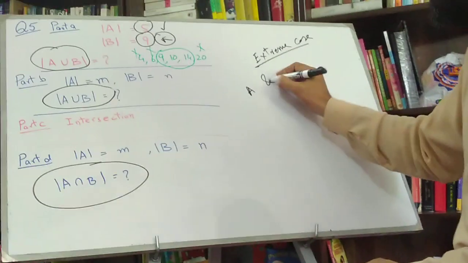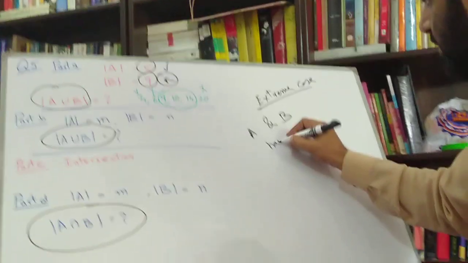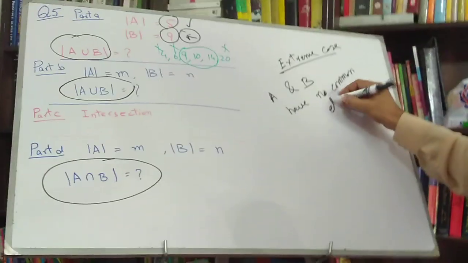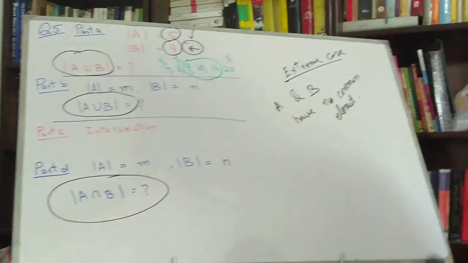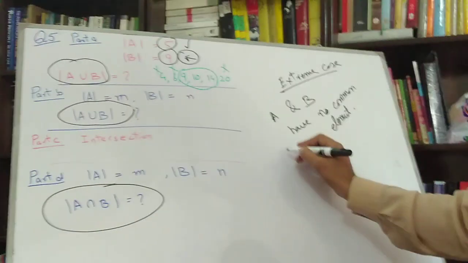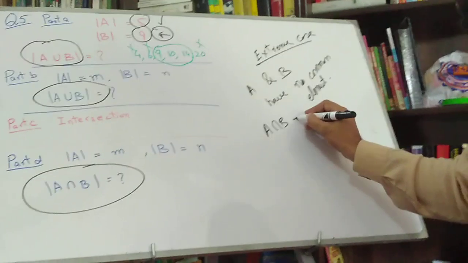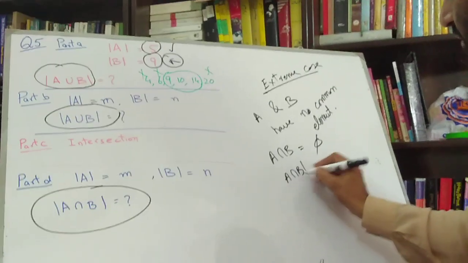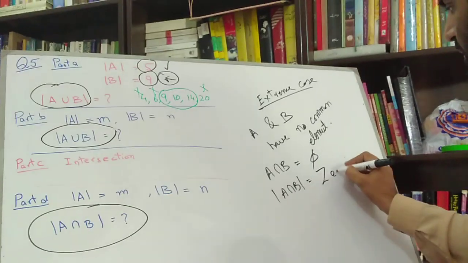Set A and set B have nothing common between them. So what will be the intersection? It's obvious: their intersection will be the empty set. There is nothing common, so the size is going to be 0.